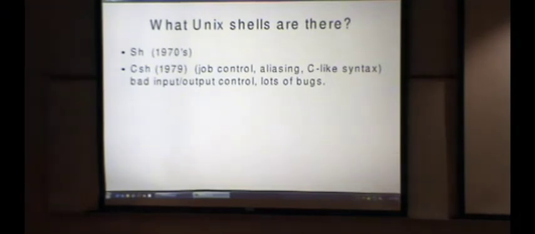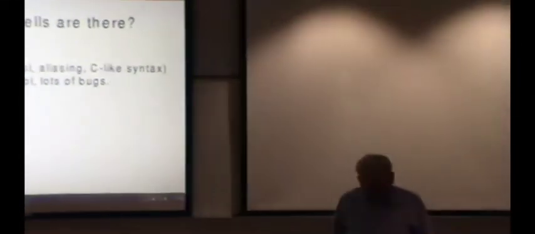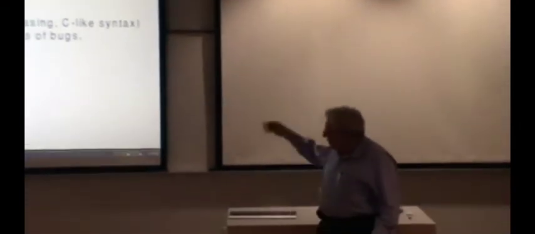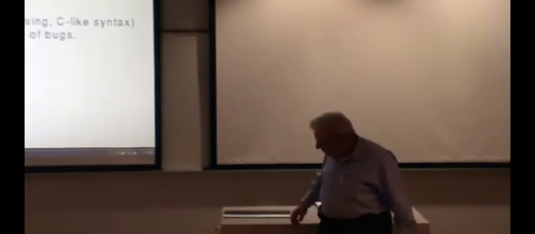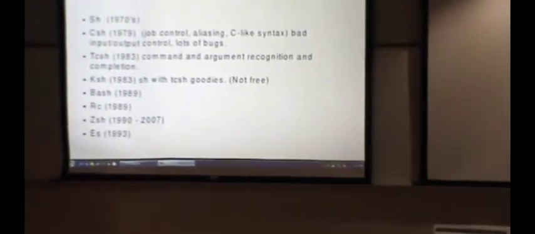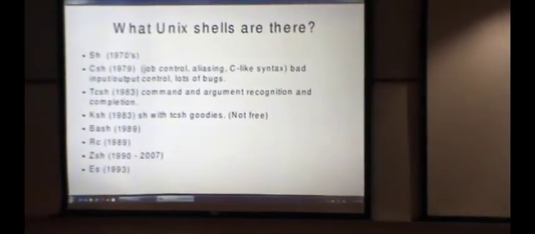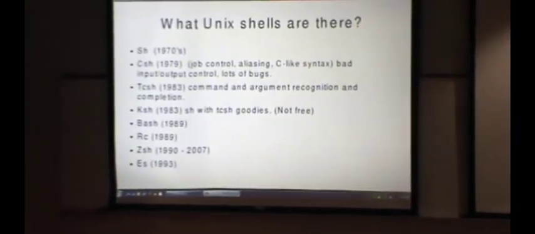Okay. So this ended up with a situation where a lot of people were using csh, which is nice for an interactive language, but awful for writing scripts. So people would use csh for interaction and sh for scripts. So here we have what came afterwards.